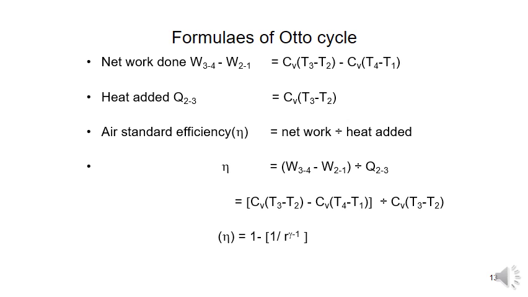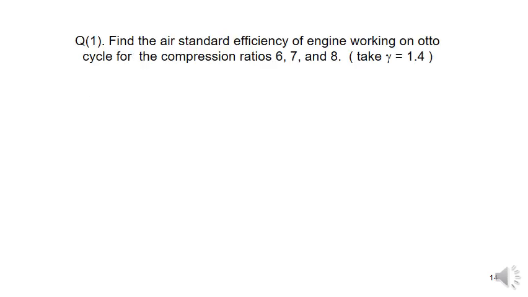First problem. Find the air standard efficiency of the engine working on Otto cycle for the compression ratios 6, 7, 8. Take gamma equal to 1.4. This is very easy. In the explanation of the compression ratio graph and the air standard efficiency graph, we already said that the efficiency values are given for compression ratios 3, 4, 6, 7, 8.